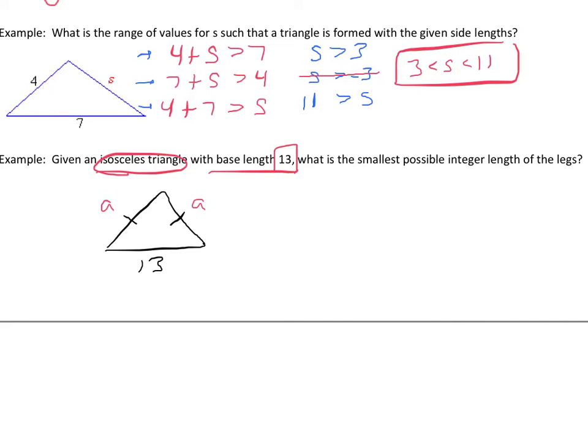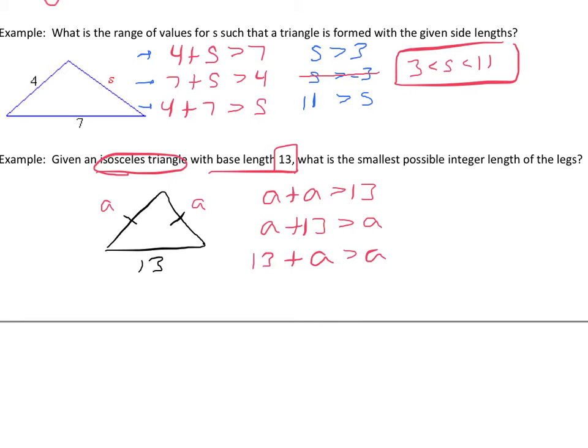Now we go through the same process. A plus A must be greater than 13. A plus 13 must be greater than A. And 13 plus A, the other side, must be greater than A.